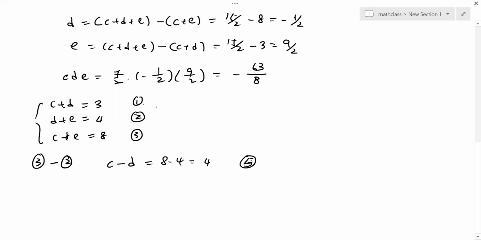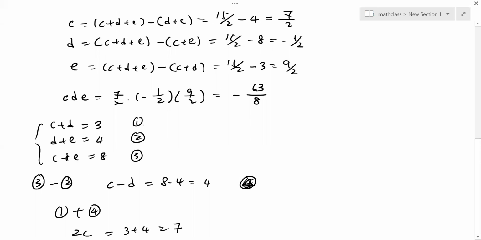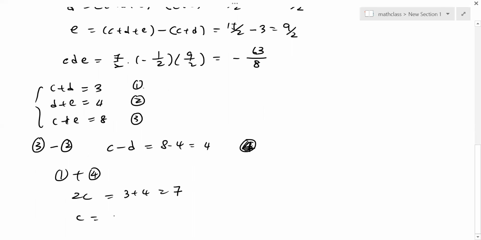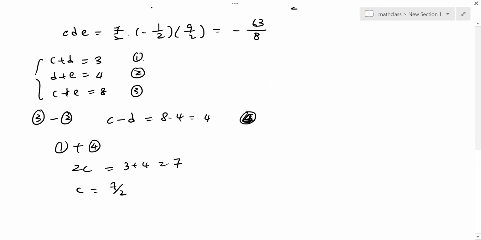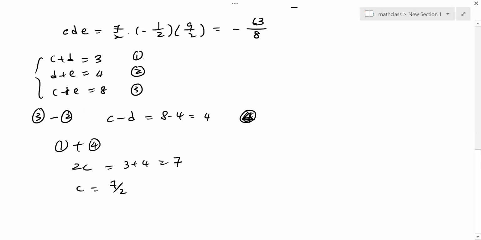So once you have this, it's called equation 4, right? Then equation 1 plus equation 4. Then you have a double c, and then 3 plus 4 is 7. And then you can also quickly get c. Okay, 7 over 2. Now once you get c, you can get d, and once you get d, you can get e, right?